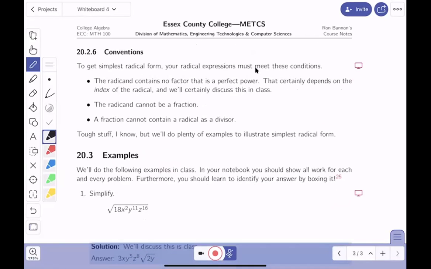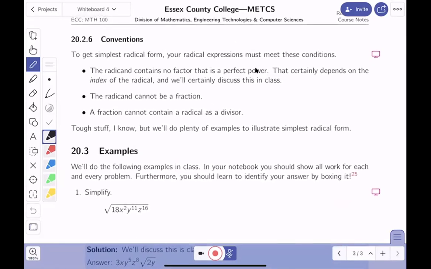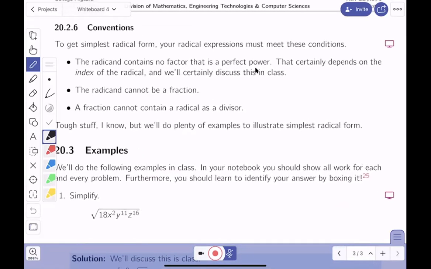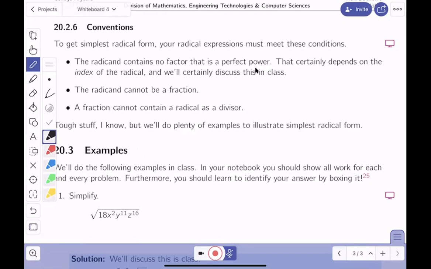All right. Conventions can be nasty, and we'll go through many examples. It can be a really tough section for a lot of students because not only is the lecture long, the examples tend to drone on for some time. To get the simplest radical form, your radical expression must meet these conditions.